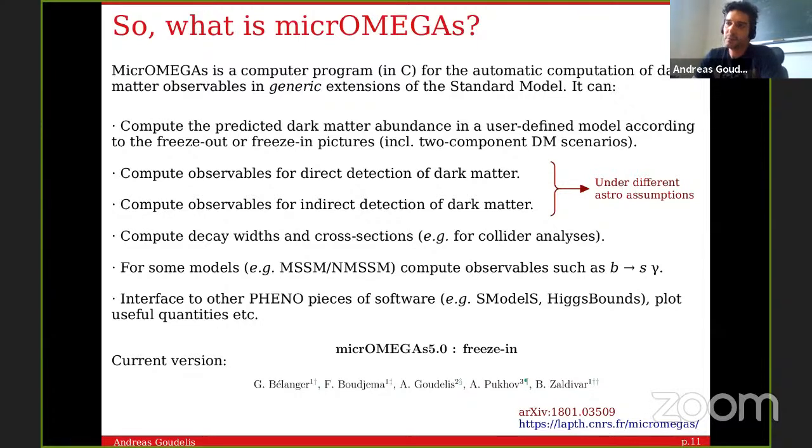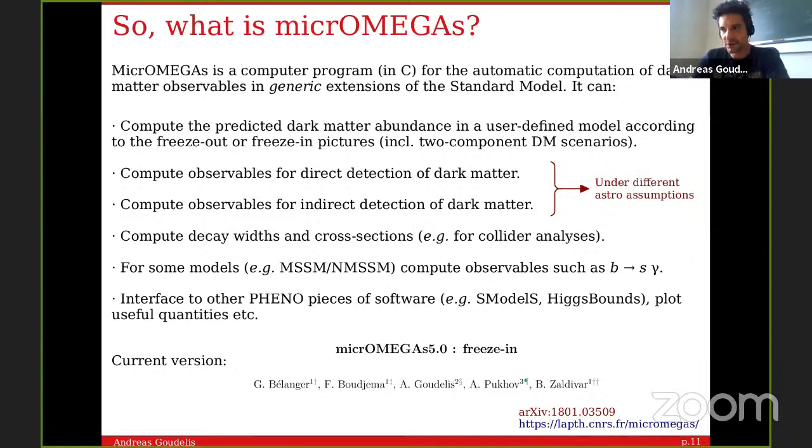It can compute decay widths and cross sections, for instance, for collider analysis. If you want to check, for instance, if your model is violating Z or Higgs bounds into invisible, or if it is violating this or that LHC bound from whichever search channel you're interested in. For some models, for instance, the MSSM or the NMSSM, it can compute additional observables such as B to S gamma.